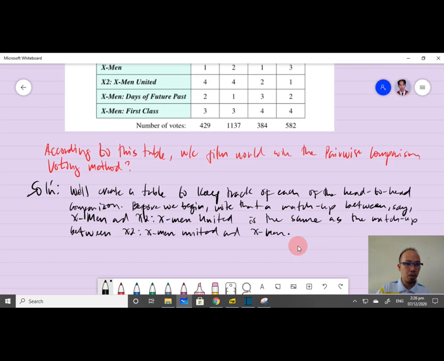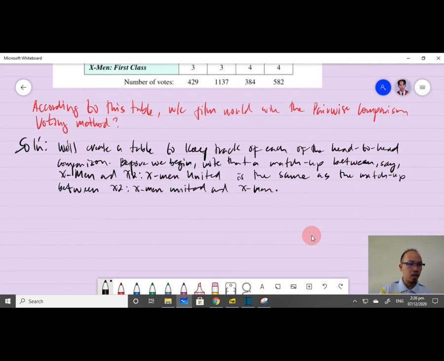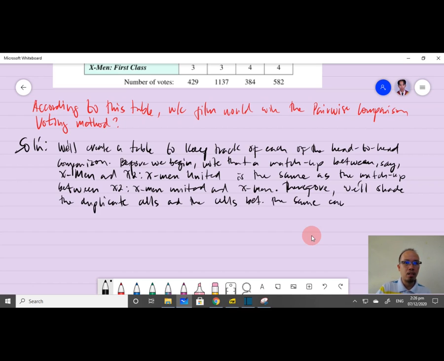Therefore, what we have to do is shade the duplicates in the table. So we will shade the duplicate cells and the cells between the same candidates.